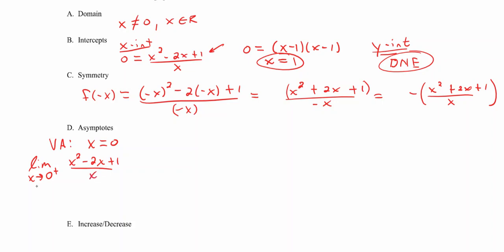Now as x approaches 0 from the right, I'm thinking a number like 0.1, very, very small, way smaller than that, but it's good to get your mind wrapped around it. Now imagine what happens as that gets very, very small. This term becomes almost 0, so that's 0 minus pretty much 0. So I've really just got positive 1 in the end there. So that thing's coming out positive.